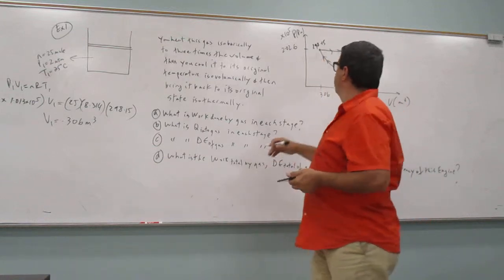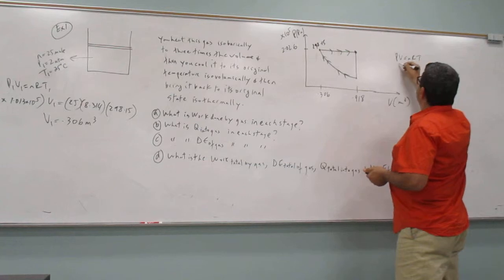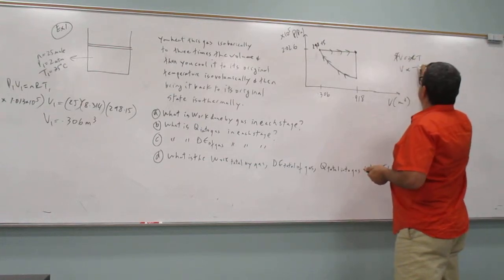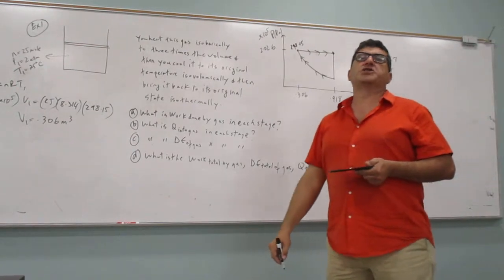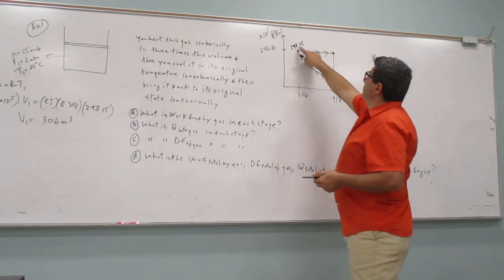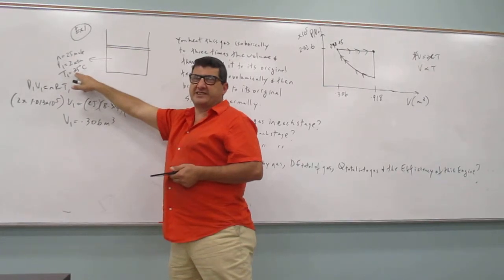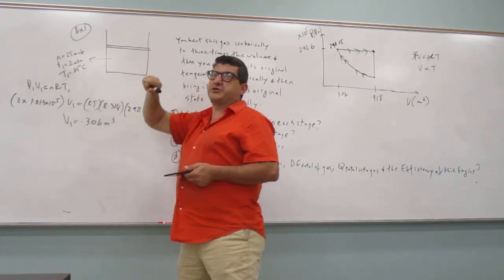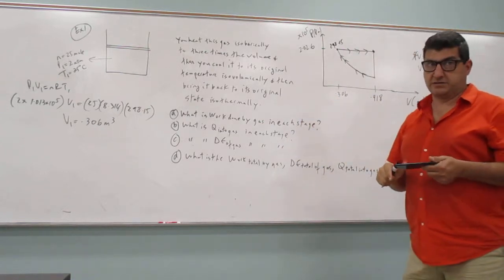So PV is nRT, so if the pressure stays the same and the number of moles stay the same, volume is proportional to temperature. So if the volume triples, the temperature triples. But that doesn't mean the temperature becomes 75 Celsius, right? The temperature in Kelvin triples. So that really becomes hot, right?